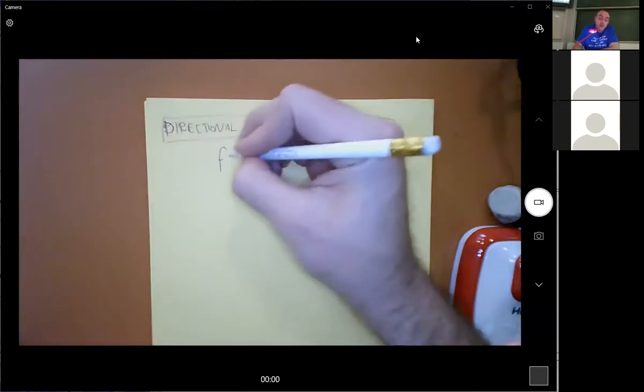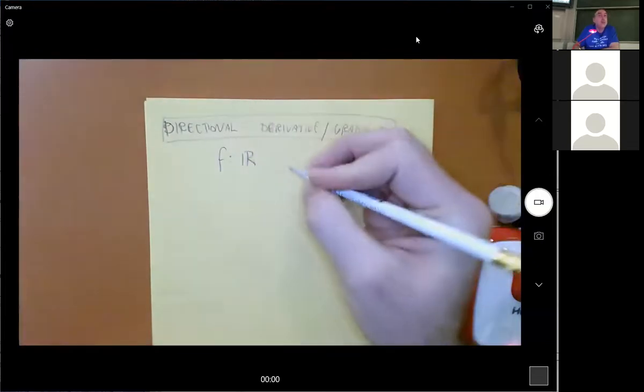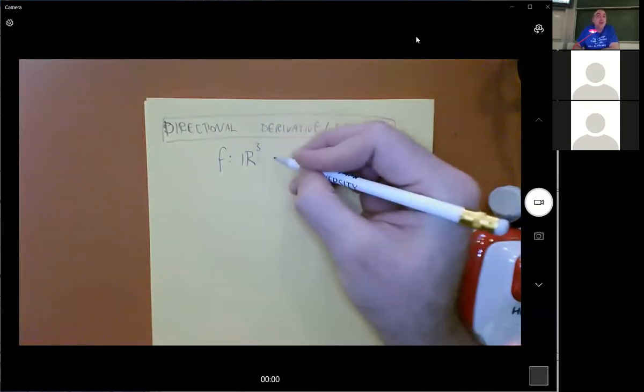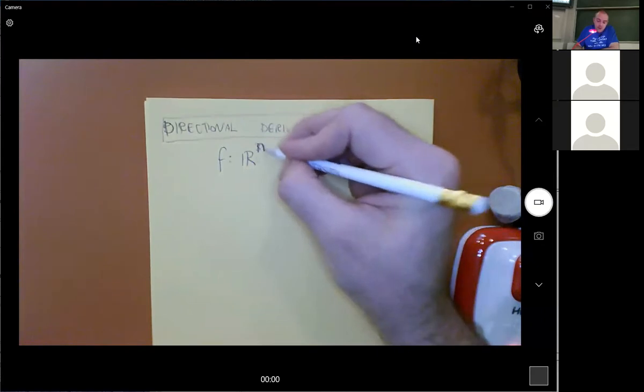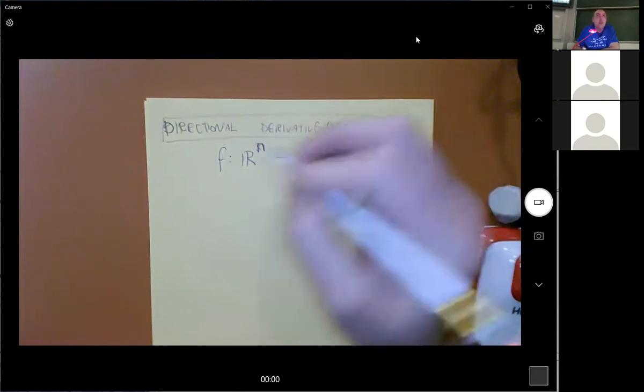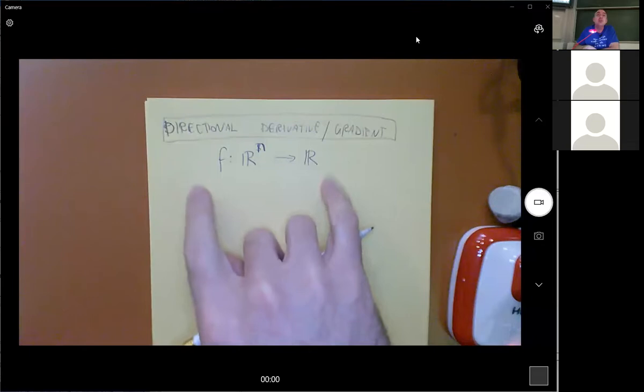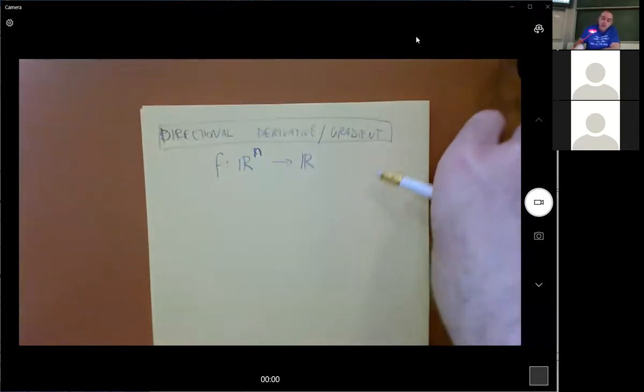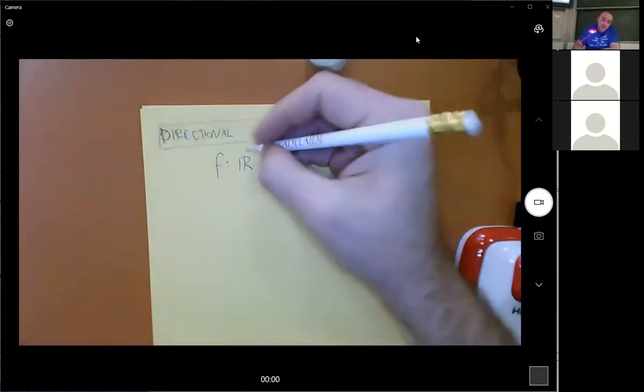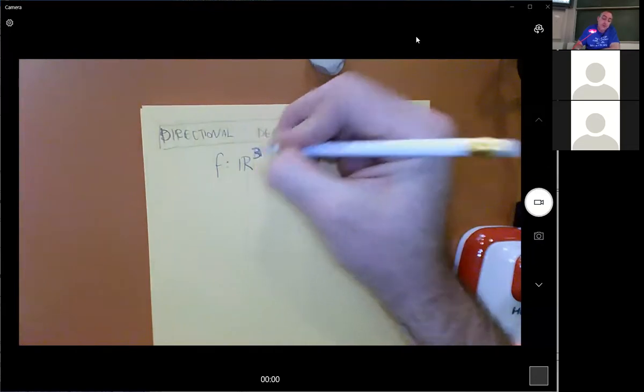So we have a function that takes R, whatever it is, but let's just pretend it's R3 today, Rn, and you produce a number as the answer. This is the kinds of functions that we're talking about. And I'm going to do R3, or R2 will do just as well. It doesn't really matter.